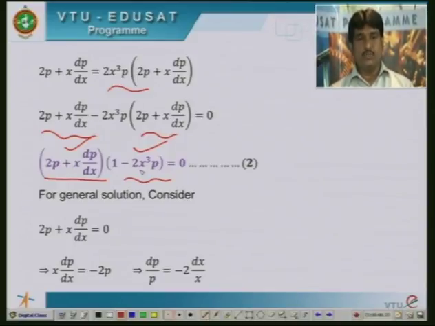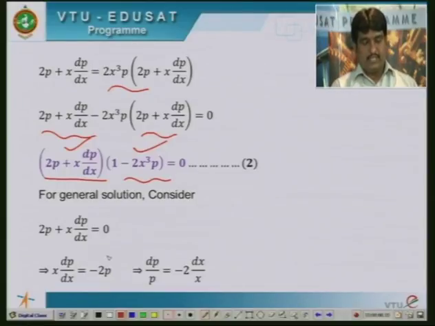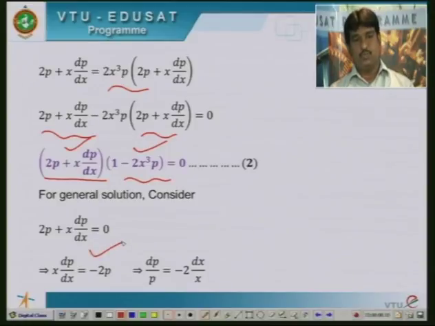So for the general solution, consider 2p plus x into dp by dx equals 0. Now you have to solve this differential equation, which is in variables separable form in p and x. We can write this as x into dp by dx equals minus 2p. Separate the variables. You can write this as dp by p equals minus 2 dx by x.